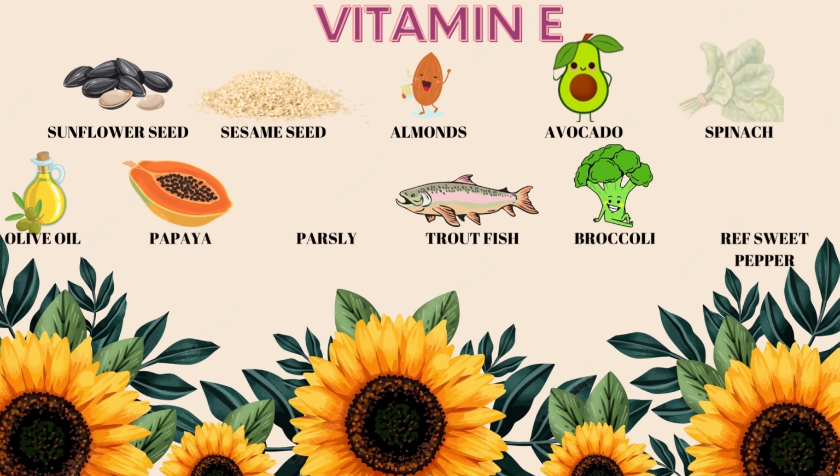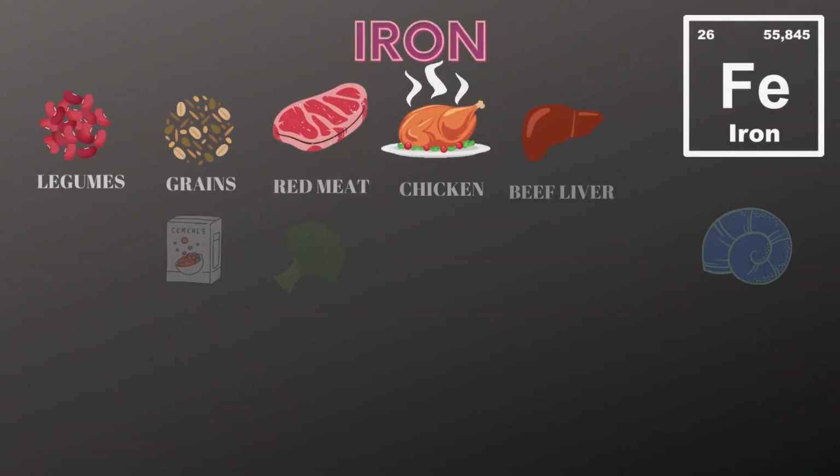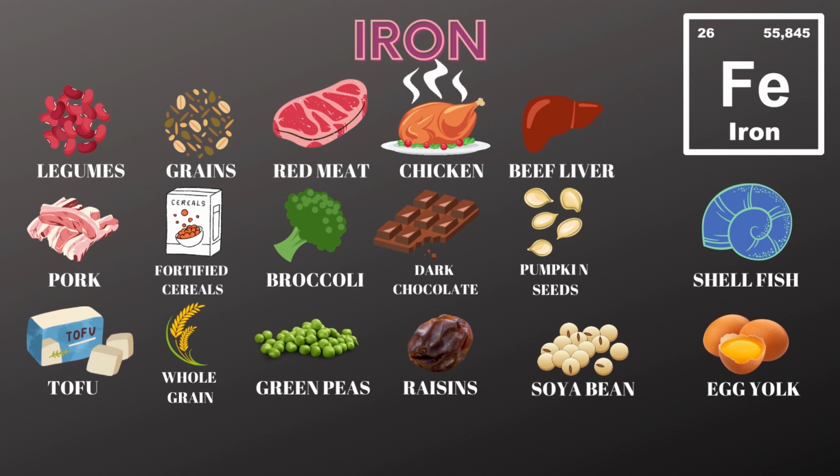And the foods rich in vitamin E include sunflower seed, sesame seeds, almonds, avocado, spinach, olive oil, papaya, parsley, trout fish, broccoli, red sweet pepper, etc. Iron is another important nutrient which promotes hair growth, and the foods rich in iron include legumes, grains, red meat, chicken, liver of beef, pork, iron fortified cereals, broccoli, dark chocolate, pumpkin seeds, tofu, whole grain, green peas, bok choy, raisins, soybeans, shellfish, egg yolk, etc.